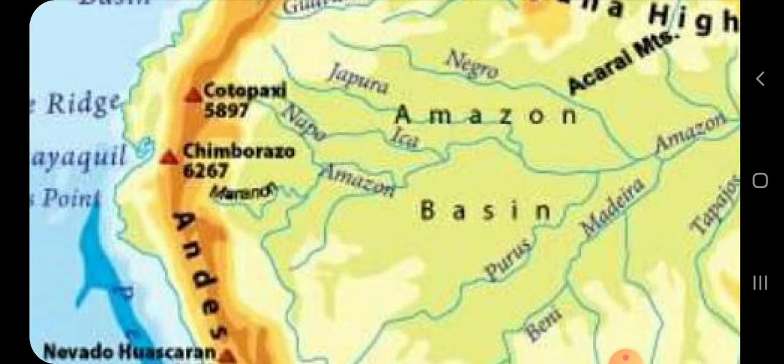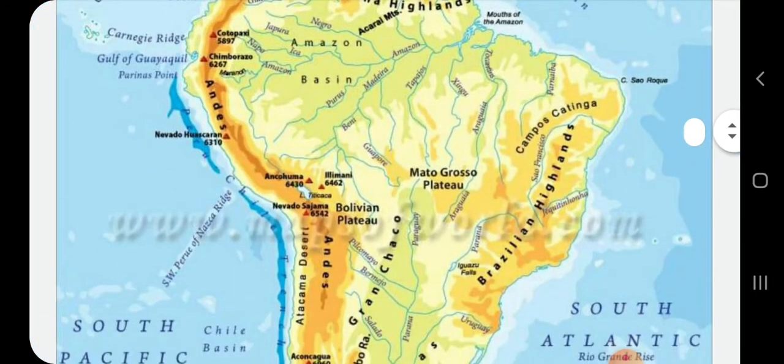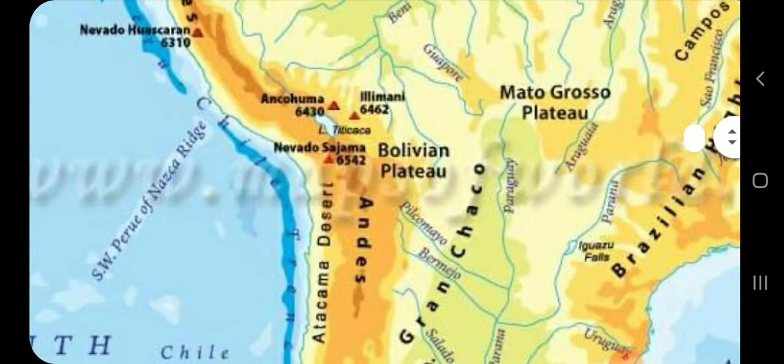Come to the next division, the West Coastal Plains. This is a very narrow plain lying between the Andes and the Pacific Ocean in the western part of the continent. Right?